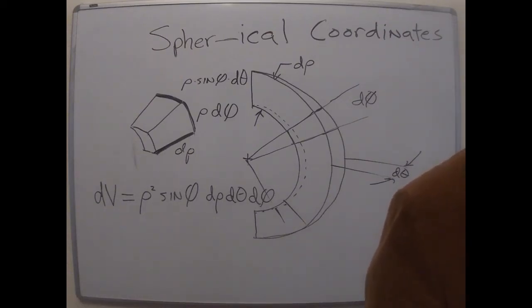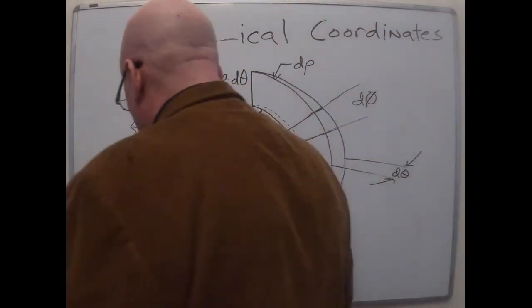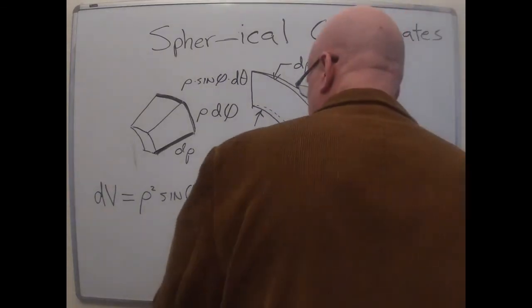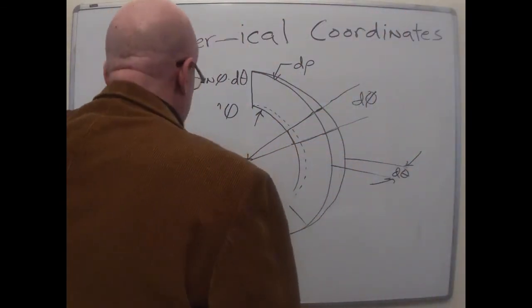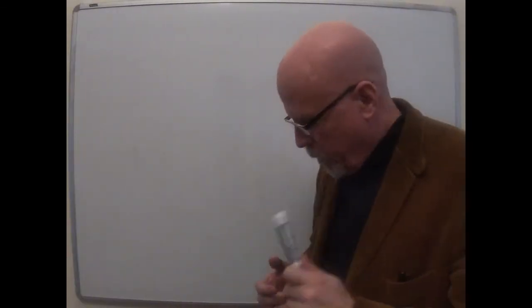Okay, oh, transformations. Sorry, there's one last thing I want to do before we leave this. How do you go from one system to the other? I want to do the transformations between coordinate systems.